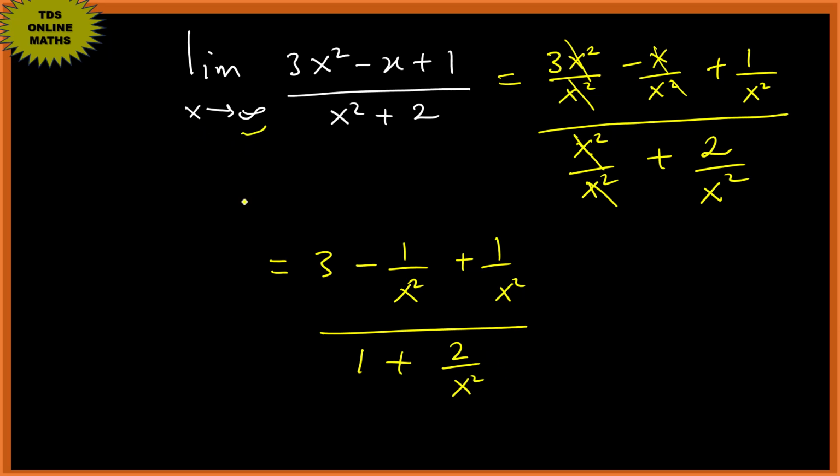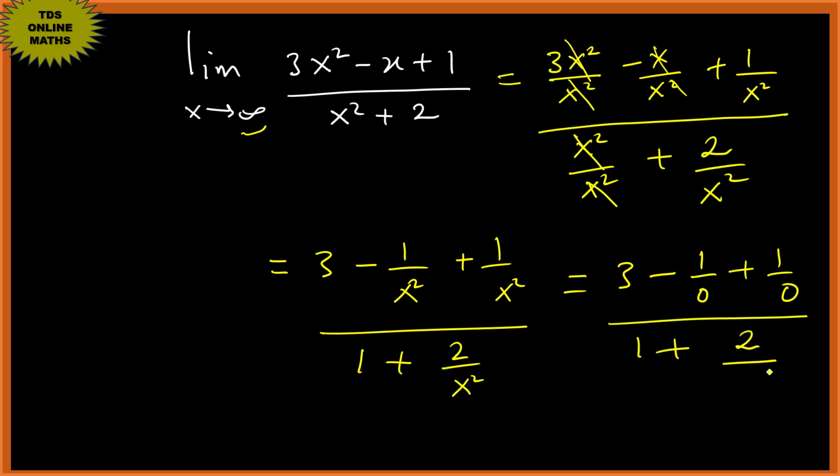As the limit goes to infinity, the terms with x will tend to 0: 3 minus 1 over x squared goes to 0, 2 over x squared goes to 0. So everything over 0 goes to 0, and my final answer will be 3 over 1, which is 3.